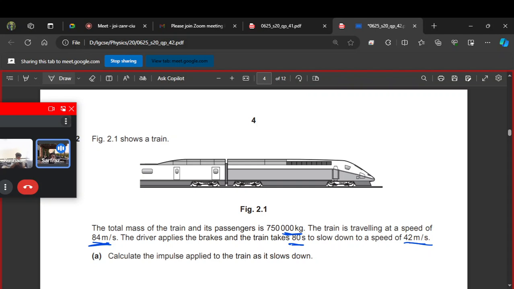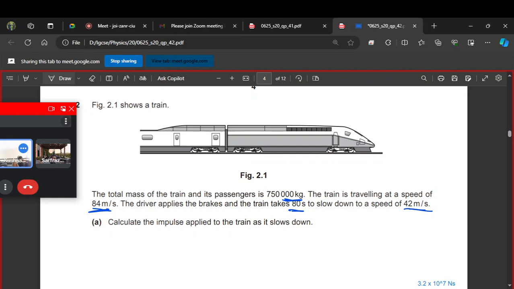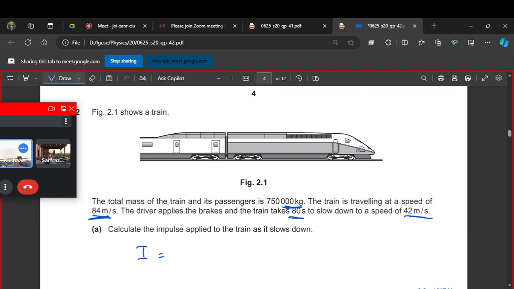How will you calculate impulse? First, tell me what is impulse? Impulse is change in momentum, so I equals mv. Very good. So we take the final velocity and initial velocity. So how will you calculate your impulse? You do 42 minus 84, times 750,000. Very good. Then what will be the answer?